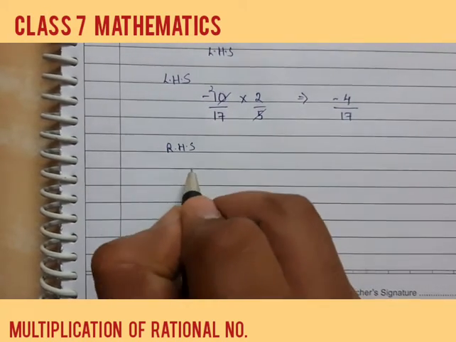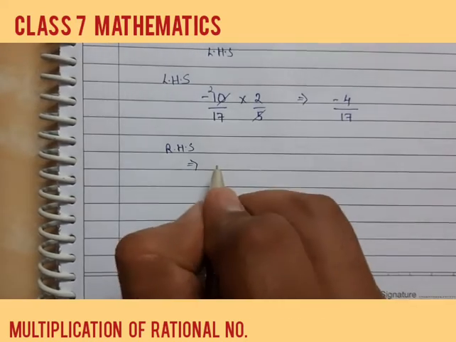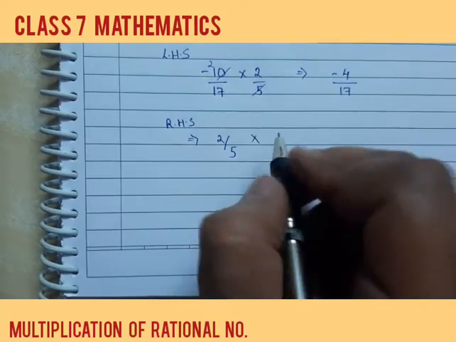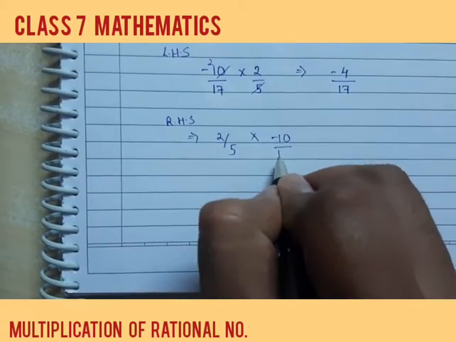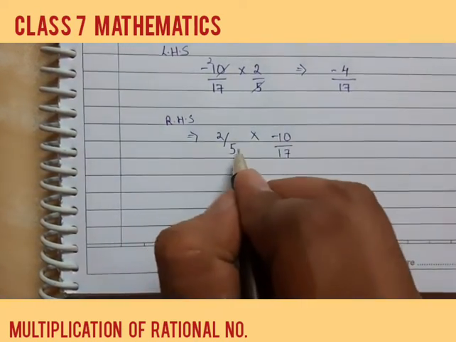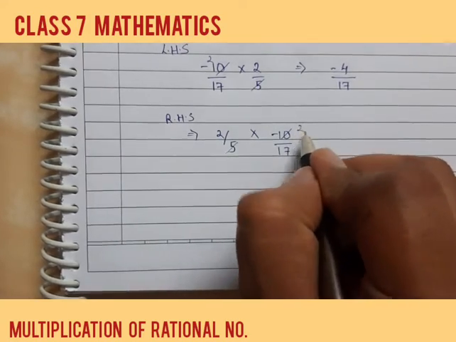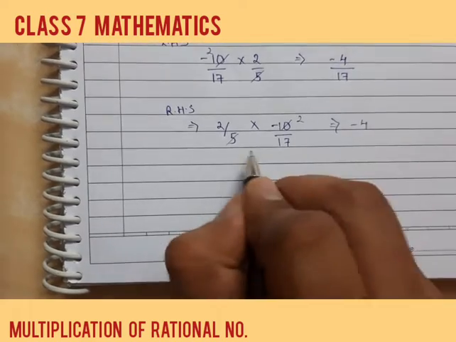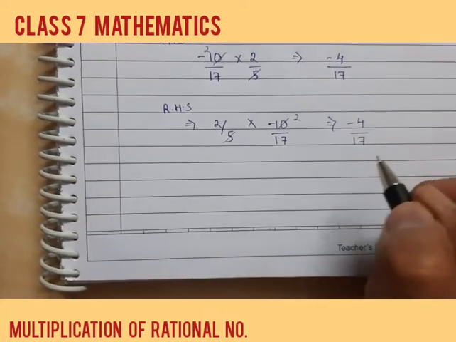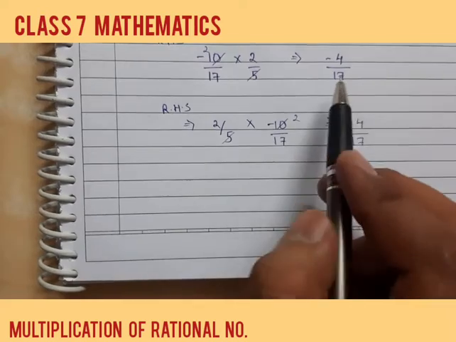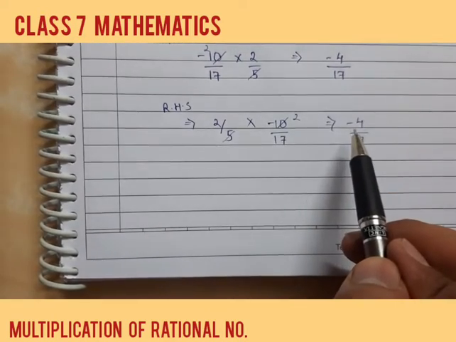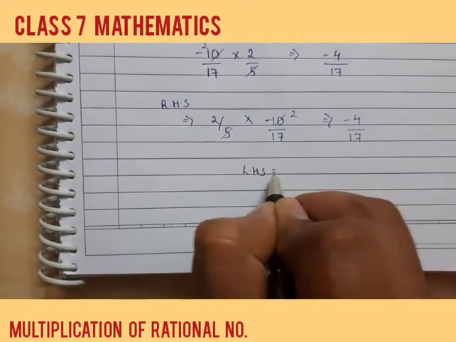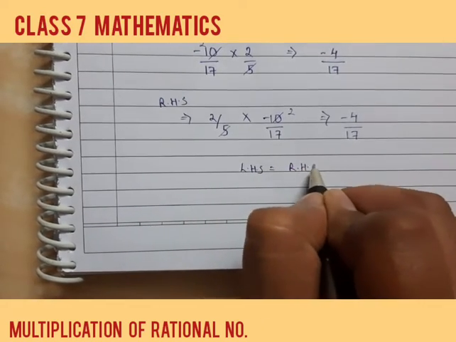According to the question, the RHS part which is given to us is 2 upon 5 into minus 10 upon 17. So 5 into 2 is 10. 2 into minus 2, minus 4 upon 17 into 1 is what? 17. So we can clearly see that the LHS and RHS portions are same. So we can write LHS is equal to RHS.